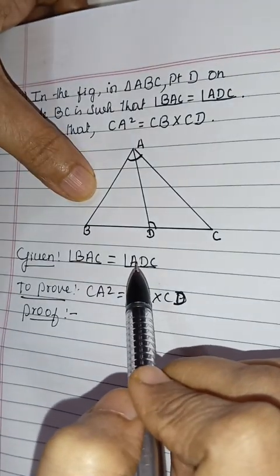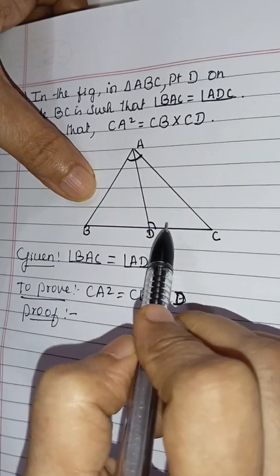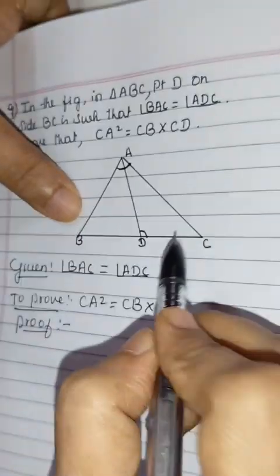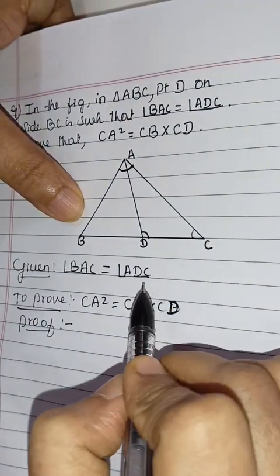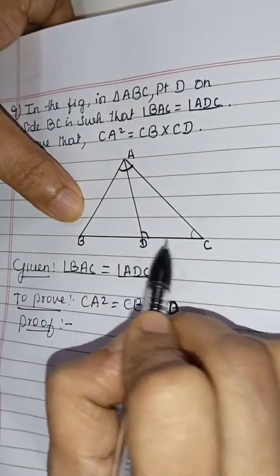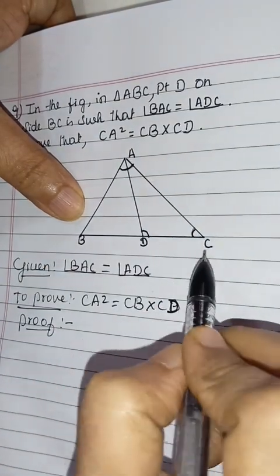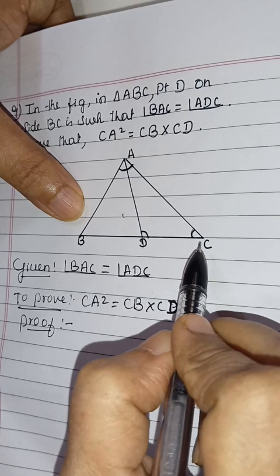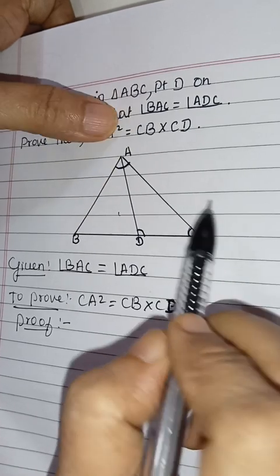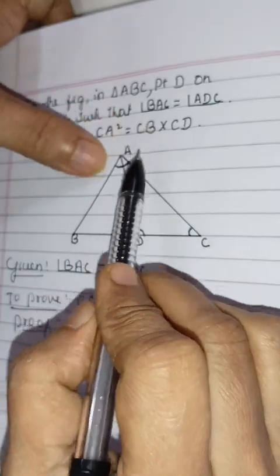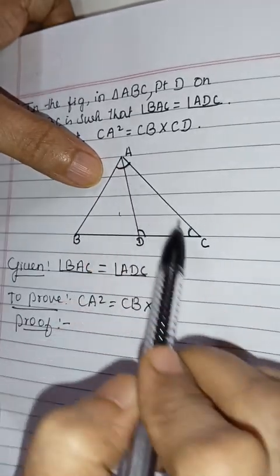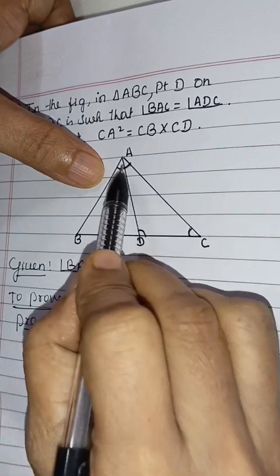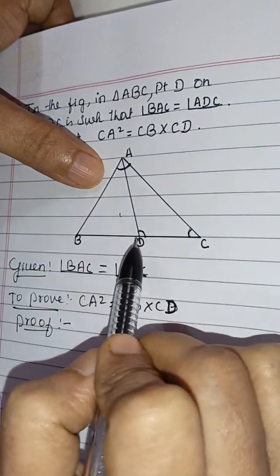And one more angle we have to prove, that angle BCA, this angle is congruent with angle DCA, because this is a common angle for both the triangles. Therefore triangle BAC is similar to triangle ADC by angle test.